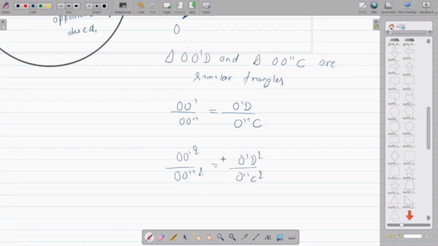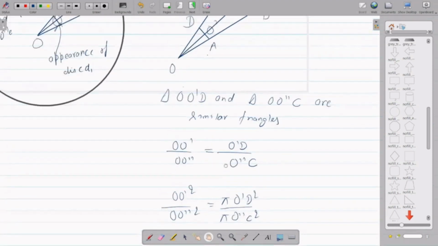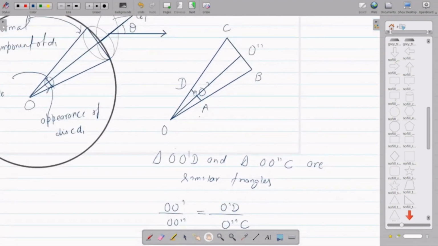And in this step, what I do, I multiply this by pi and I divide this by pi, right? And if you notice here, what is this quantity basically? Pi O dash D square. So let's check what is this quantity here. O dash D square, which is basically what? The radius of this small surface element.